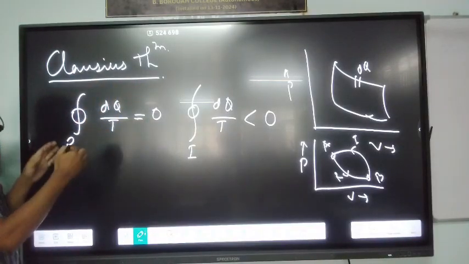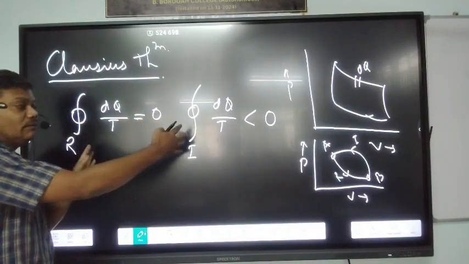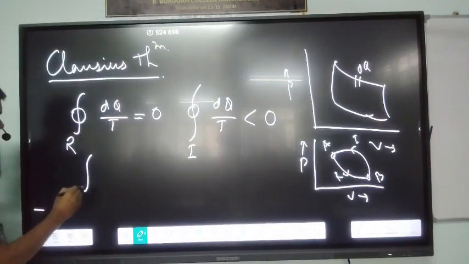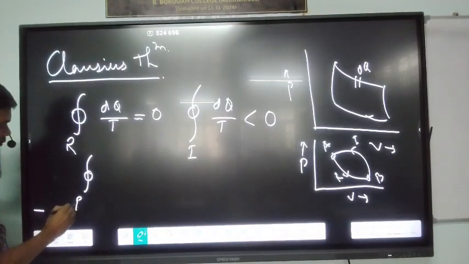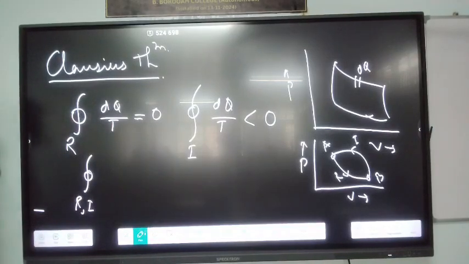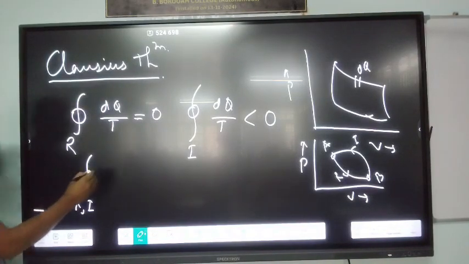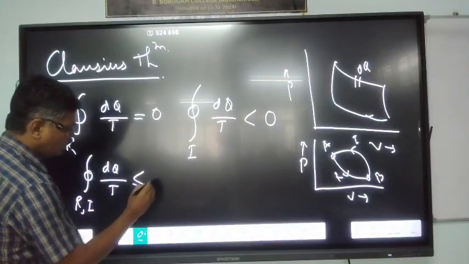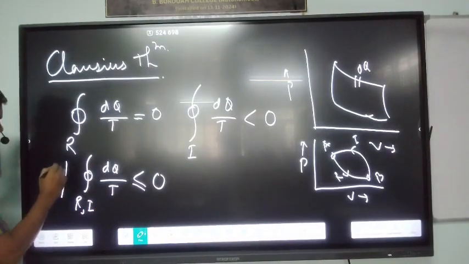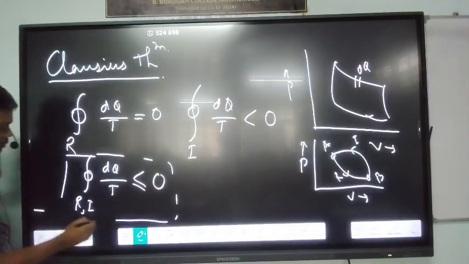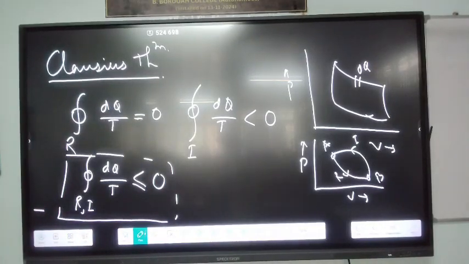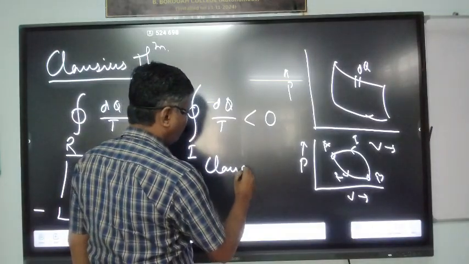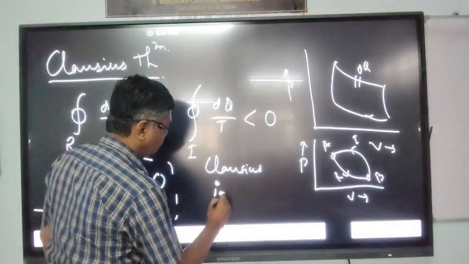দুইটা যদি মই চাওঁ, that means if I consider a reversible process and irreversible process together, then I can write it like this: dq by t is less than equal to 0, and this is what is called Clausius theorem, or it is also called Clausius inequality.